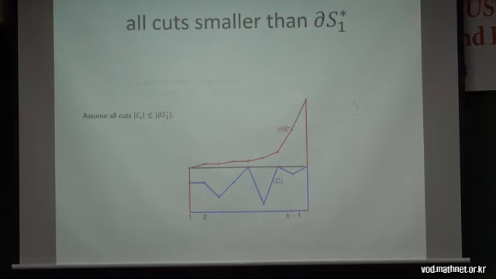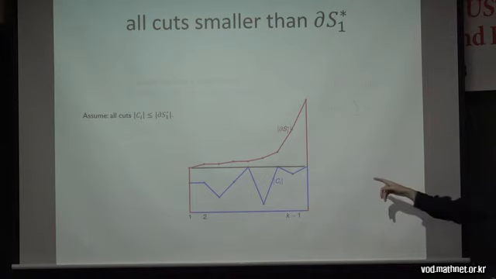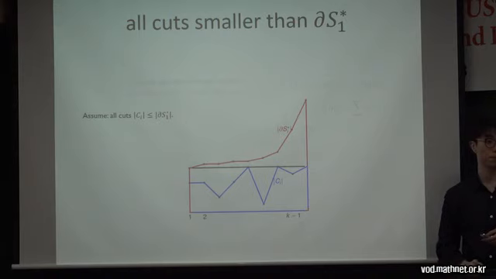By definition, the red curve, which indicates partial Si star, is always above the horizontal line, so the red curve is always above the blue curve. Then we can easily see a two approximation algorithm, because opt is the area under the red curve divided by 2, and what we are paying is exactly the area under the blue curve.